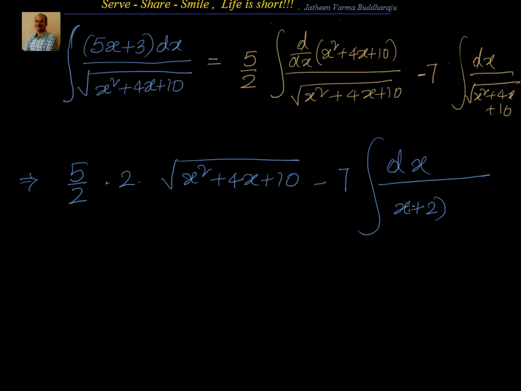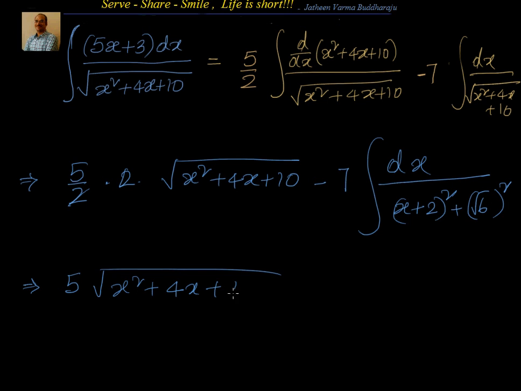I can write it as x square plus 4x plus 4 plus root 6 whole square, because x square plus 4x plus 4 plus 6, that should be okay. I think, let me just check that. X square plus 4x plus 10 is okay. Yes. Now 2 will cancel. So next step will be 5 root of x square plus 4x plus 10 minus 7.